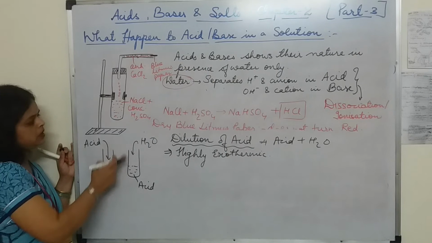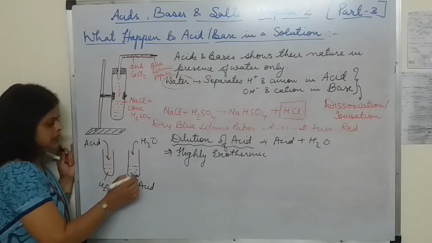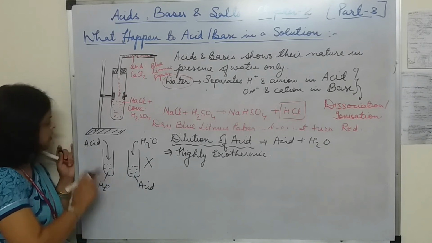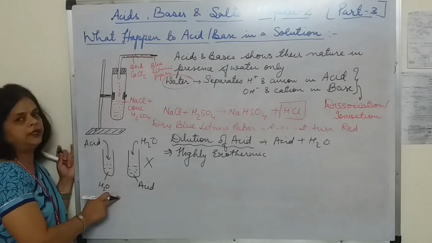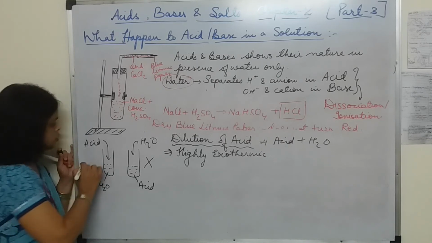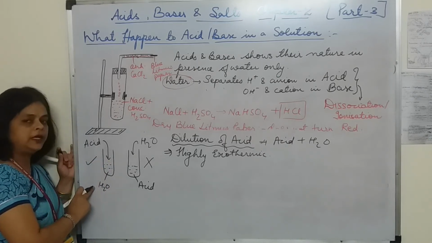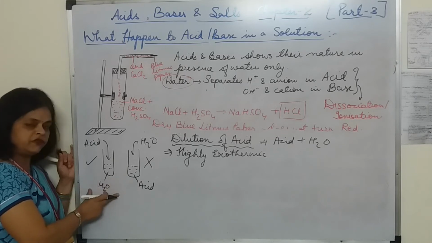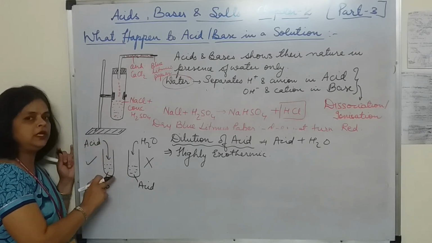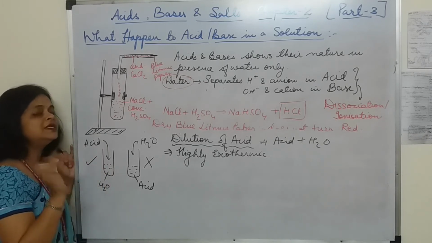So when you are adding water to the acid, this is a wrong process. When you have to do the dilution, acid should be added to the water slowly and with constant stirring. So the first way to dilute an acid is correct. First you take water in a beaker and then you add acid slowly, and that too with constant stirring.